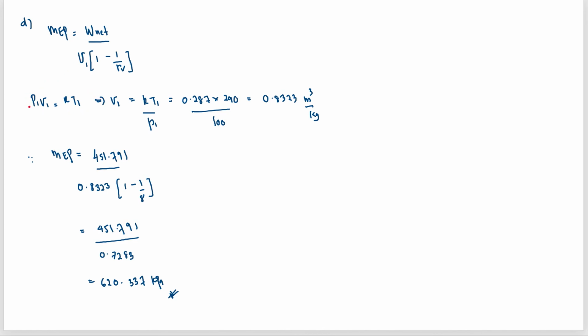I get it from the ideal gas equation. From the ideal gas equation, I get the specific volume as 0.8323 meter cube per kilogram. Therefore, I put this value here. Then I will get mean effective pressure as 620.337 kilopascal. Thank you.